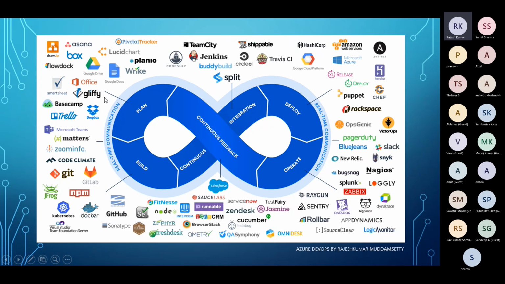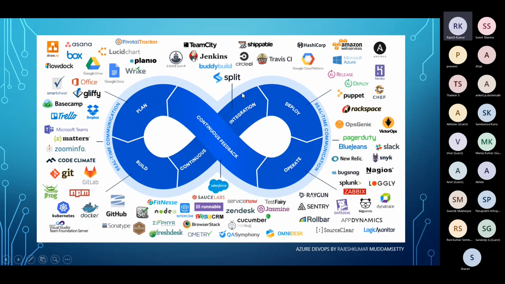If you want to plan, you can use Teams, Google Docs, Smartsheet, Dropbox, Draw.io. These are different tools. For build, you can use GitLab, Docker, Kubernetes, Visual Studio Team Foundation Server. Then continuous integration happens with CI tools like Travis CI, Jenkins, CircleCI, Shippable, TeamCity.